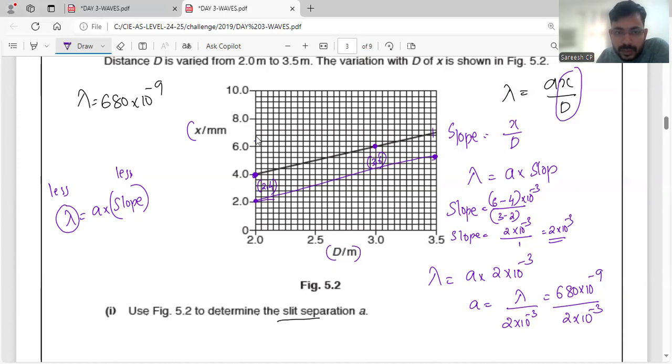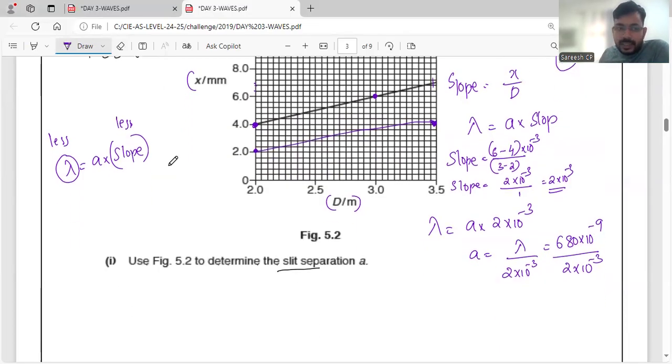To be on the safer side, what I will do is its slope should be less. So if I start with 2, I will end up with 4, so that I can make sure this is a lesser slope. So like this.